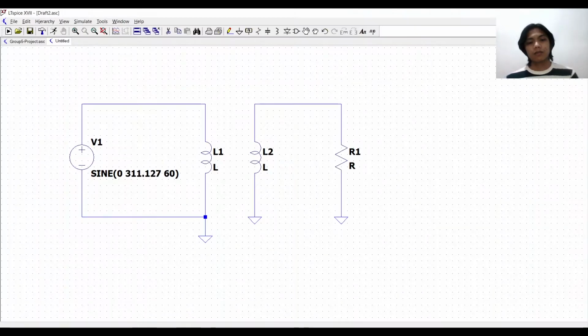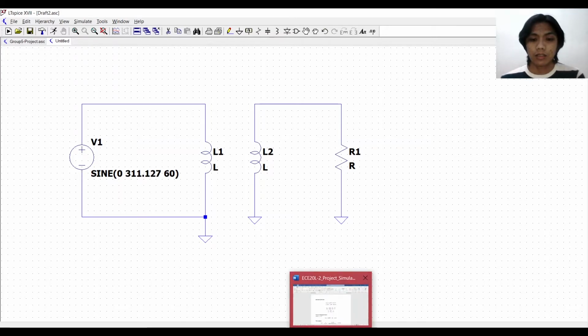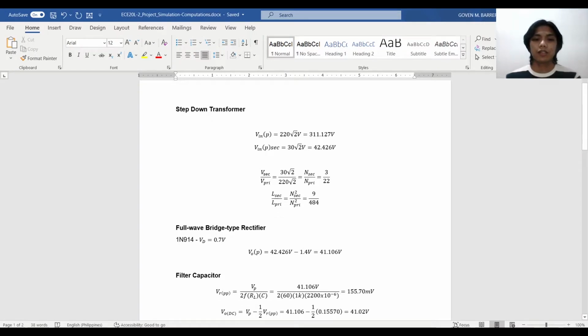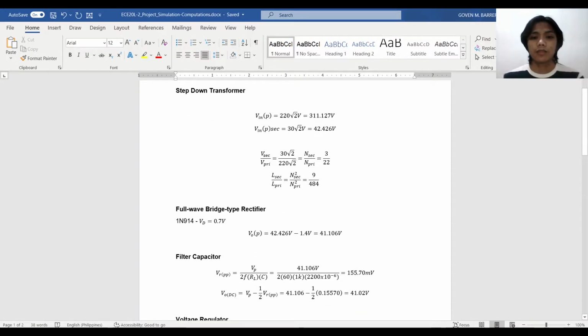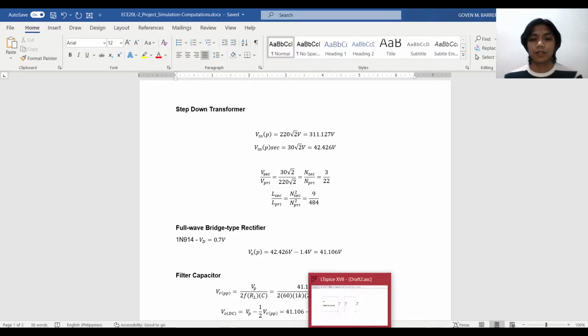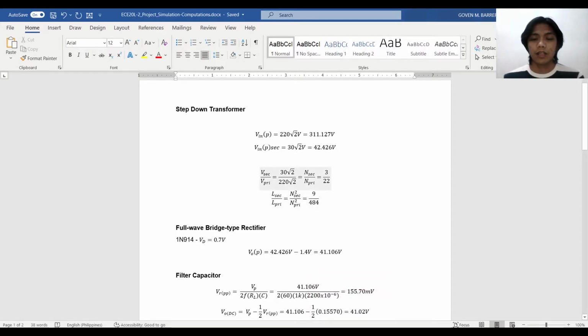Step-down transformers reduce the voltage from the primary into the secondary. The group has already computed it ahead of time, and the turns ratio of the transformer that we will be making use of is a 3 to 22 step-down transformer. So this value right here is the turns ratio.